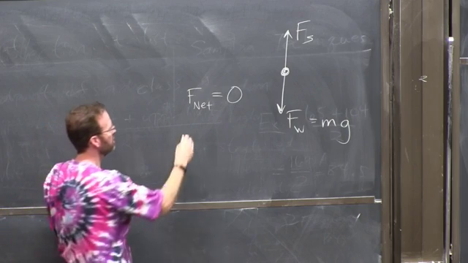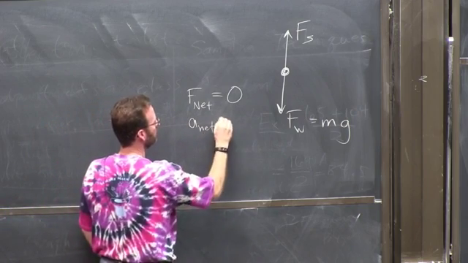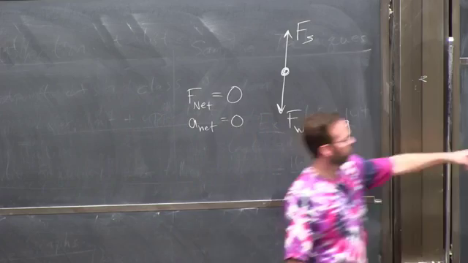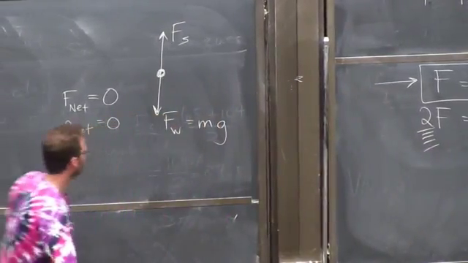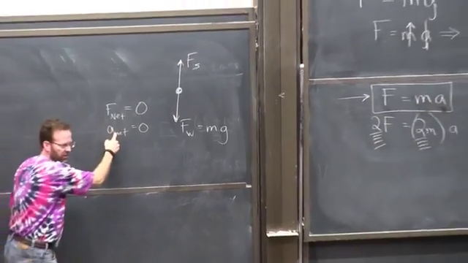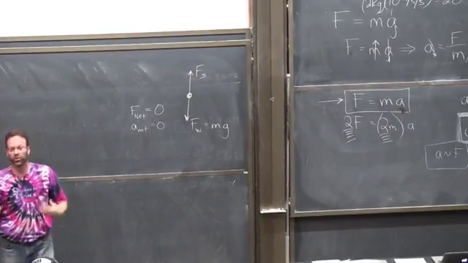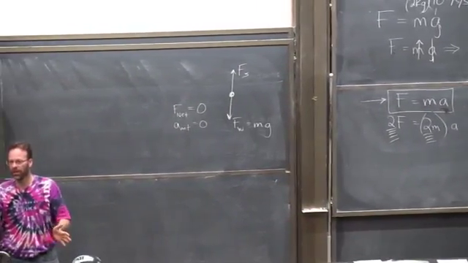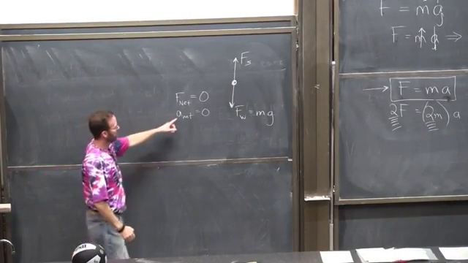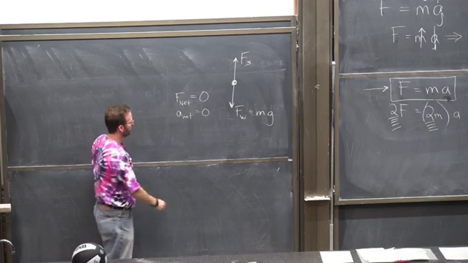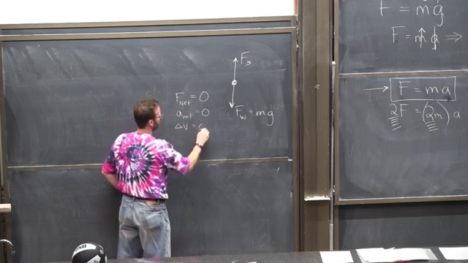It also tells us that this is not accelerating, because if F is 0, a has to be 0. The net acceleration. Gravity is still trying to accelerate it down. That's 9.8. We didn't get rid of gravity. But the net acceleration on the object is zero, which means it's not changing its velocity.